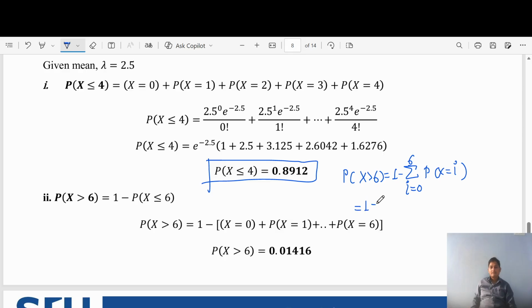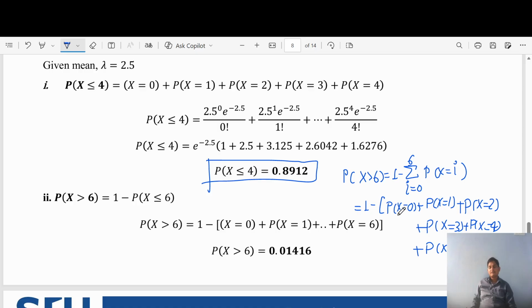So this is 1 minus P(X = 0) plus P(X = 1) plus P(X = 2) plus P(X = 3) plus P(X = 4) plus P(X = 5) plus P(X = 6).